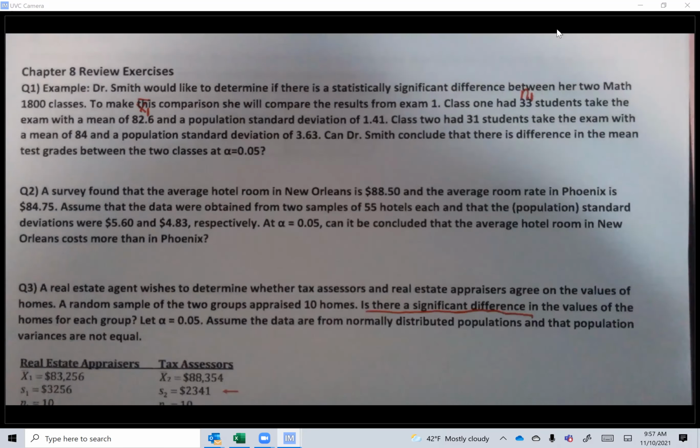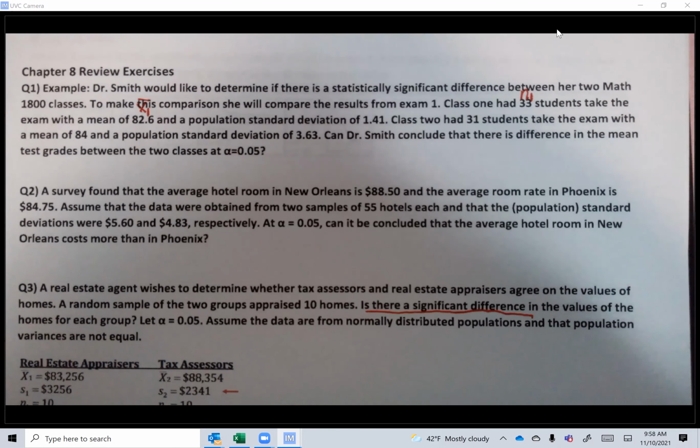A survey found that the average hotel room in New Orleans is $88.50, and the average hotel room rate in Phoenix is $84.75. Assume that the data were obtained from 2 samples of 55 hotels each, and that the population standard deviations were, you see, he gives you population standard deviation, sigma 1 and sigma 2, respectively.